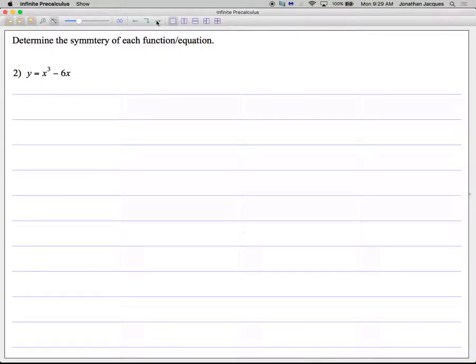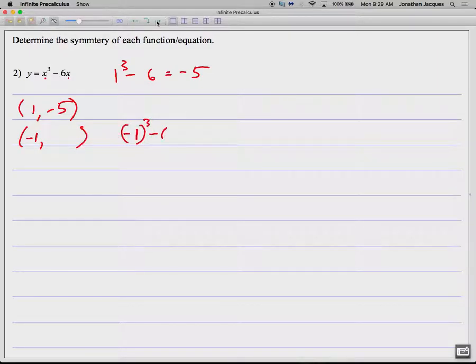And let's try this function. Again, I'm going to try to show that there's a counterexample. So let me try 1 again. If I plug in 1, I have 1 cubed minus 6, which gives me -5. If I plug in -1, -1 cubed minus 6 times -1 actually gives me +5.